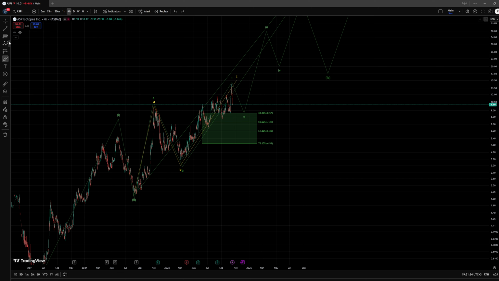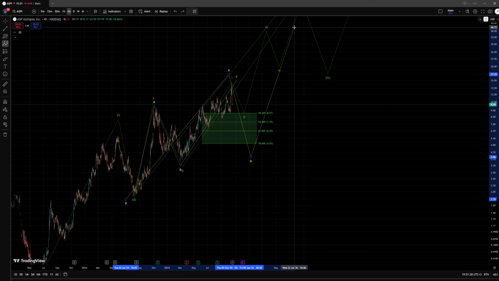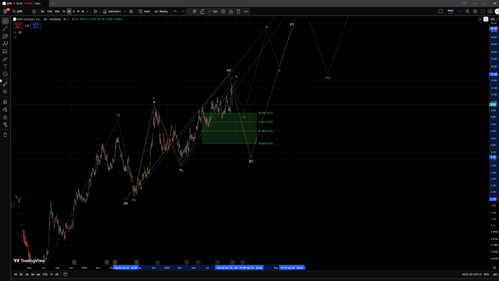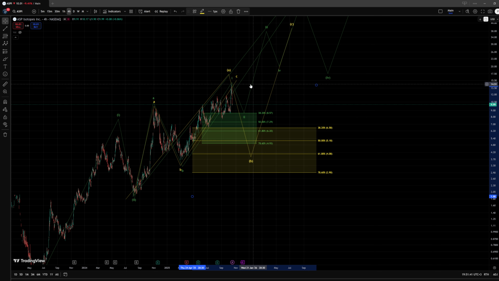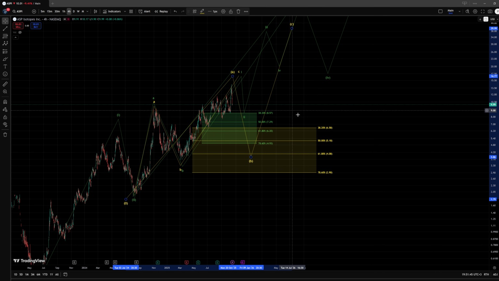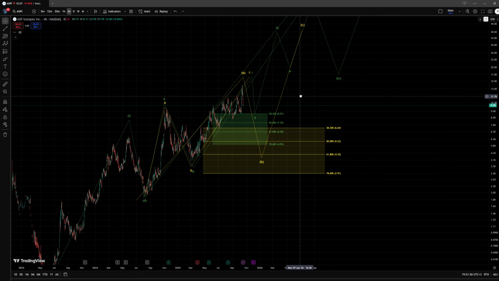Now in such a case, the wave B would have a support zone area that would overlap somewhat with the smaller time frame support area for the wave 2 in green, but it is still a risk that we may head below the support zone that we have here in the green interpretation, and only then really start the rally into the wave C of the third wave to the upside.